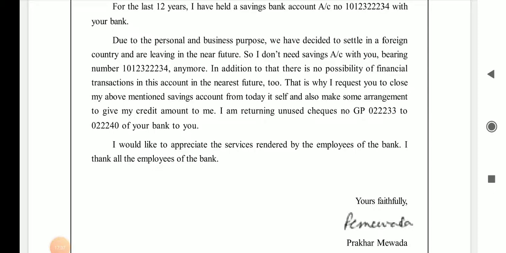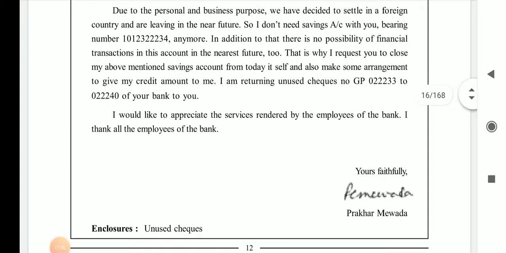In addition to that, there is no possibility of financial transactions in this account in the nearest future too. He also mentioned that he has no need and no possibility of financial transactions in the nearest future.